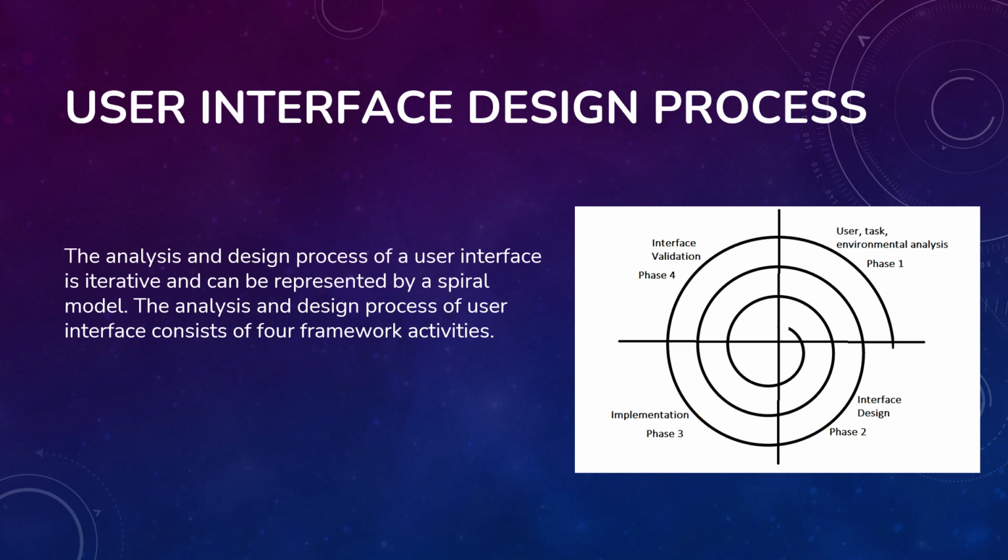In the first phase there is user task environmental analysis, in the second phase there is interface design, in the third phase there is implementation, and in the fourth and last phase there is interface validation. It depends on the spiral model. Let's discuss every phase one by one.